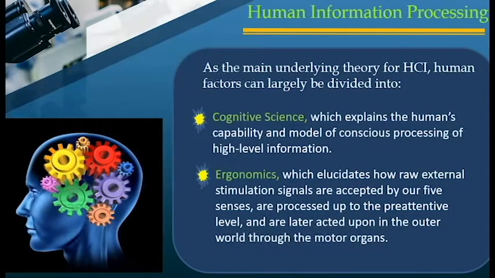So here, as the main underlying theory for HCI, human factors can largely be divided into two. We have here cognitive science, which explains the human's capability and model of conscious processing of high-level information.